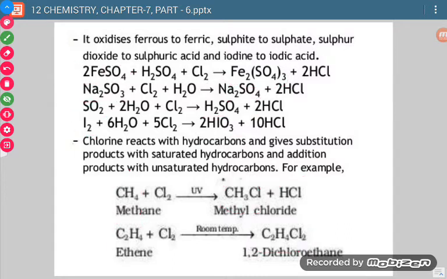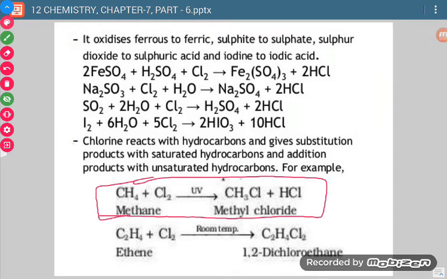Now see this reaction which we have done, in this reaction there is formation of a large number of halides. So we cannot say that it only produces monohalide, it can give a large number of halides. They may be dihalide, trihalide or tetrahalide also. So what we are saying here is that in this case there is substitution. Substitution means H is replaced by Cl.